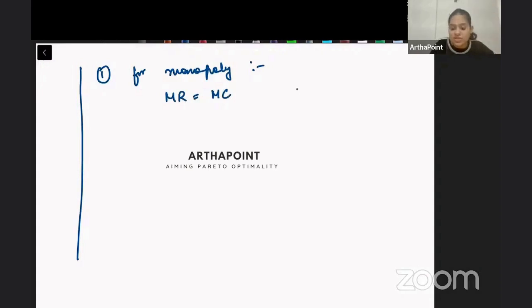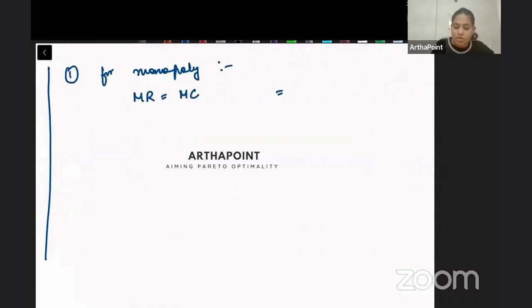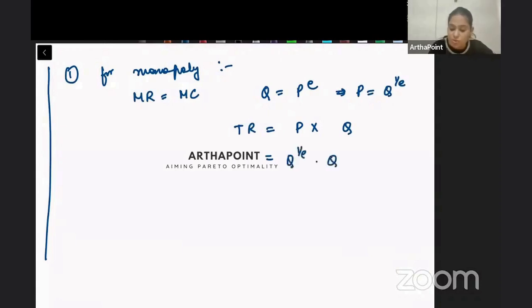The function given to us is Q equal to P to the power E. What will be your total revenue? Total revenue is price into quantity. Always write total revenue in terms of quantity. This is a rule. So from here, P will be Q to the power 1 by E. This gives Q to the power 1 by E into Q, which means Q to the power 1 by E plus 1. This is your total revenue.